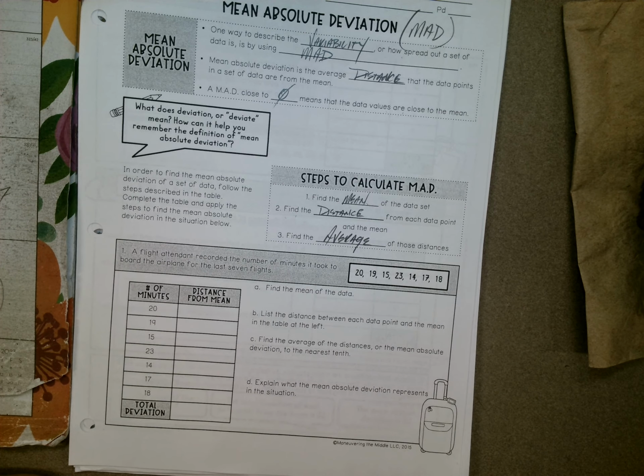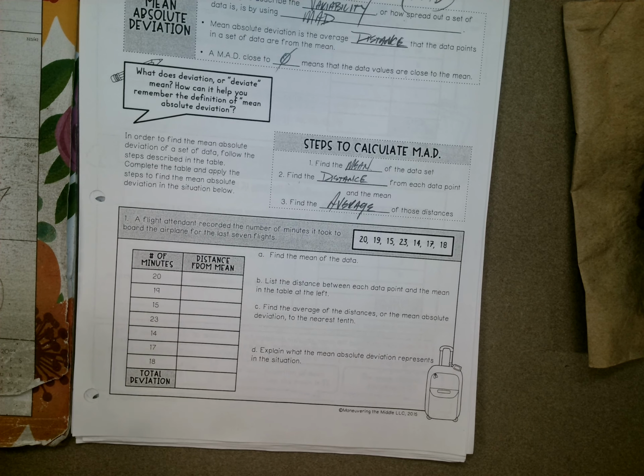So let's get started here with number 1. First thing I'm going to do is grab my calculator and find the mean of that data set. So 20 plus 19, and make sure that you're putting in the correct values and double check your calculator, 14 plus 17 plus 18 equals.